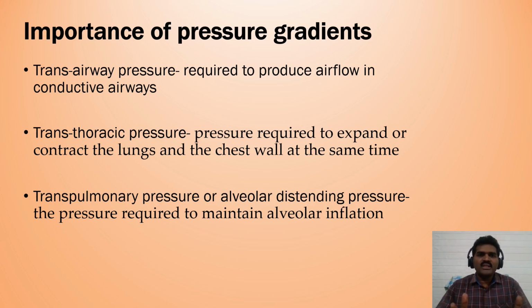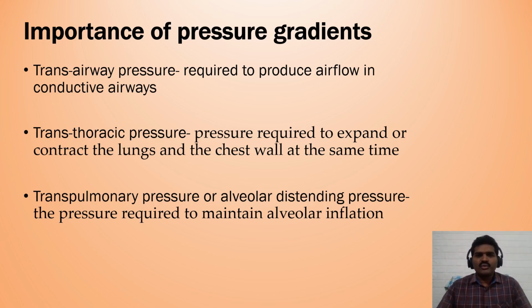All of you know that air flows down the pressure gradient, from an area of high pressure to an area of low pressure. So there should be higher pressure at the opening of the airway, and a lower pressure at the other end of the airway, that is the alveolus, for the gas to flow into the airway, and vice versa when expiration is happening.